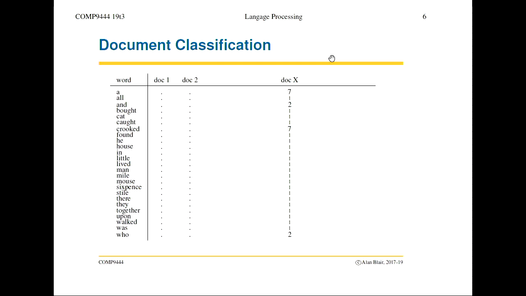If you want to train a system to do document classification, you could have a large number of training documents. Let's say you've got 10,000 training documents. You could make a list of all the words in the English language, or all the words that occur in any of those documents. And then for each document, you could count how many times that word occurs.